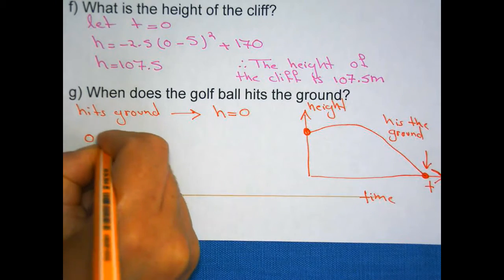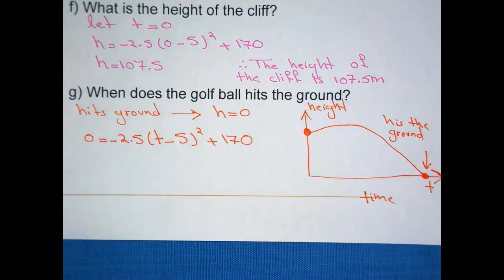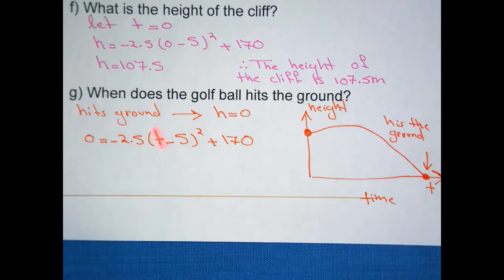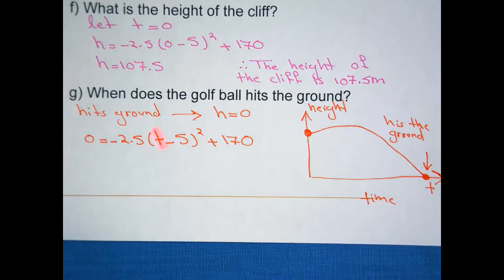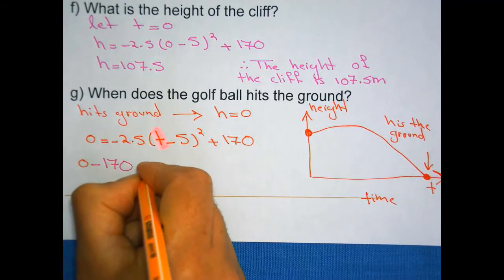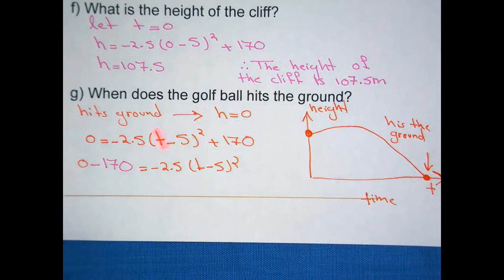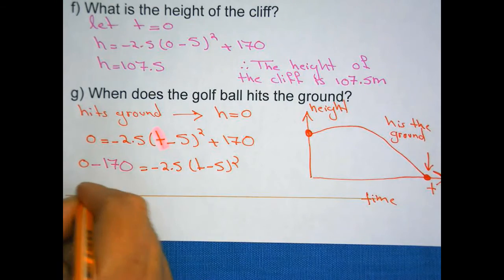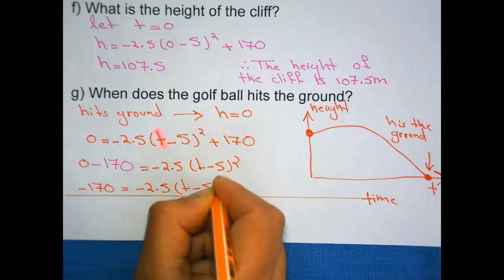So 0 equals negative 2.5 (t minus 5) squared plus 170. Now again we are trying to isolate t. The first thing we have to do is move 170 to the other side of the equal sign, so we subtract it. Now 0 minus 170 is negative 170 equals negative 2.5 (t minus 5) squared.